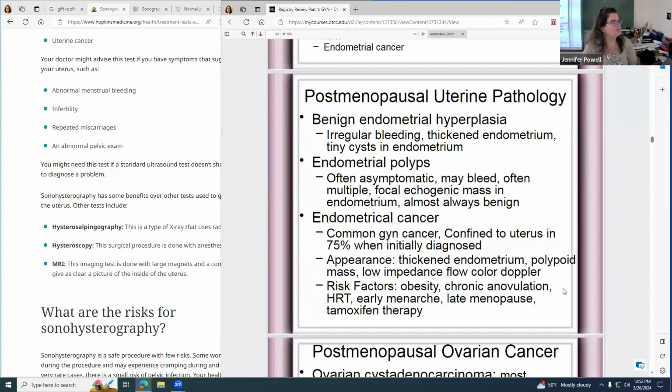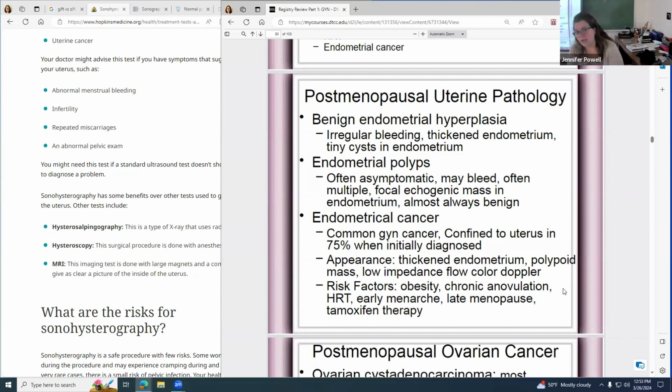Risk factors: obesity, chronic anovulation, hormone replacement therapy, early menarche. Remember I was saying about how the longer you have circulating estrogen through your body, the more high risk you are for cancers. So early menarche, late menopause, obesity.